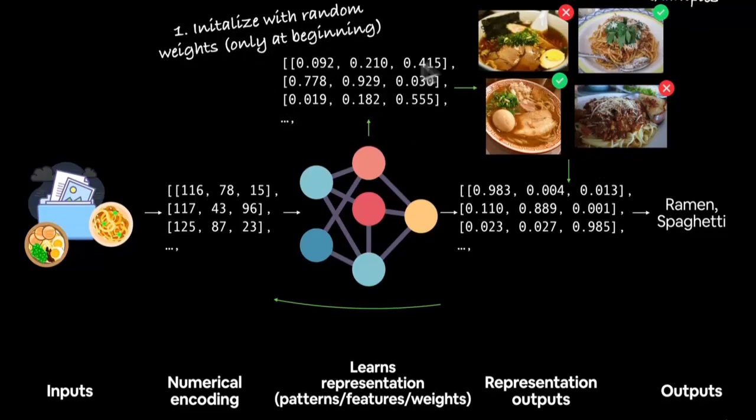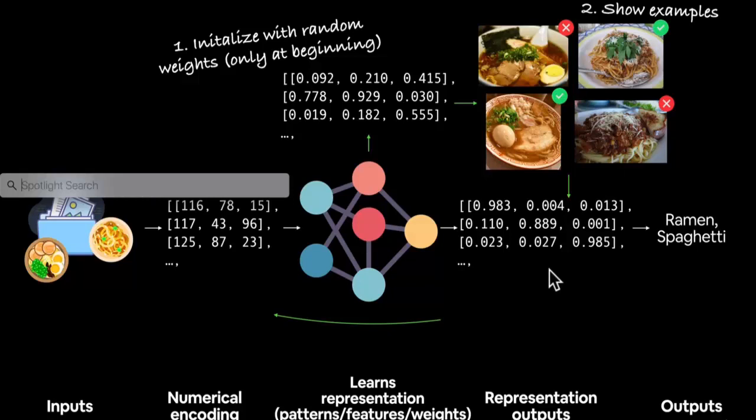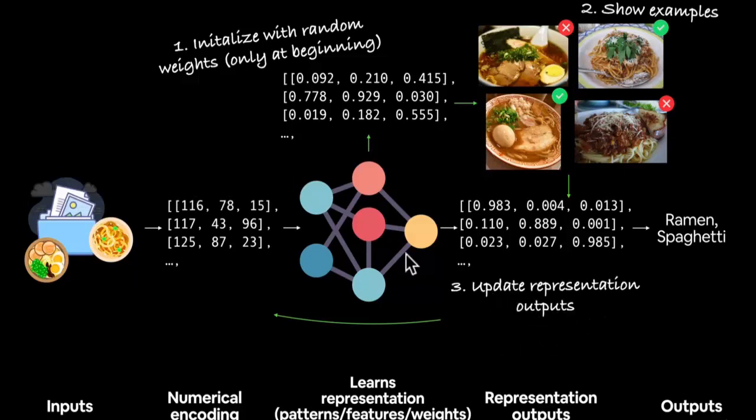And then, as it sees different examples of photos of ramen and spaghetti, it's going to update its representation outputs. In other words, start to tweak these random weights and patterns to better suit our data. If we go through again, we're going to repeat this cycle with more and more examples.